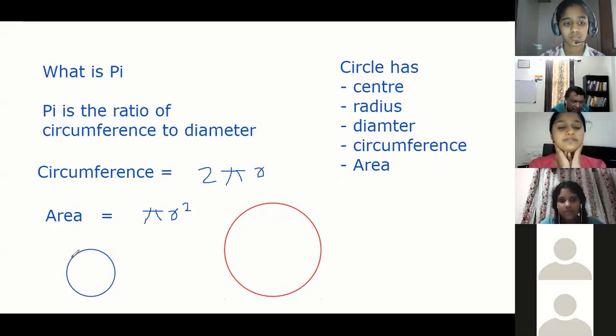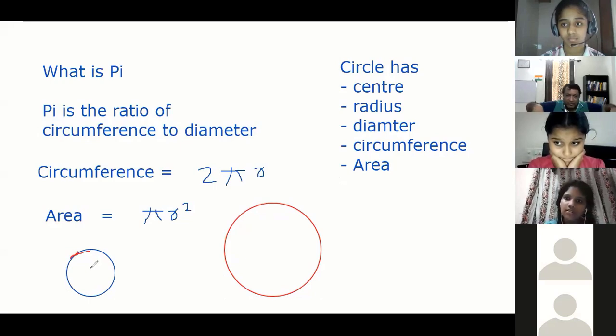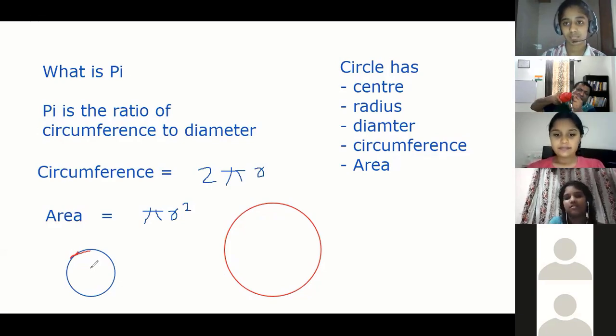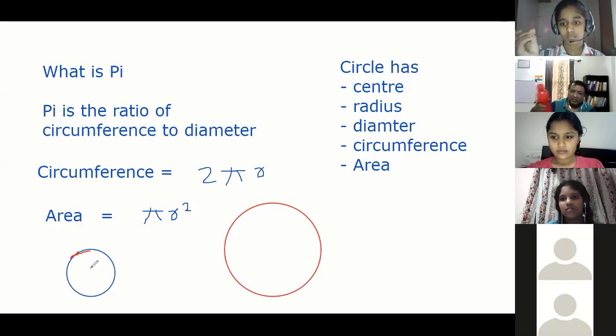The circumference will be the length of this boundary, right? So what does circumference mean? The length of the edge. If you see this bottle, this edge is the circumference. Not getting it still?